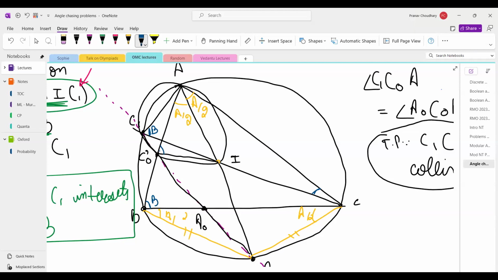Right. Okay, that's a very good idea, but I don't see it leading anywhere else. It possibly could have just solved the problem, but right now I don't see it.